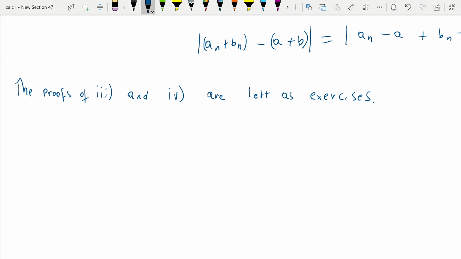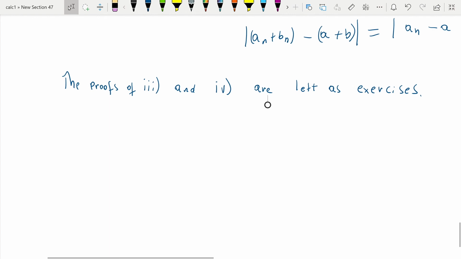And after that, we're going to continue with the analysis. Now that we have the order limit theorems, we'll continue with the squeeze theorem, which is a very important thing that you learn in calculus. You used it many times.